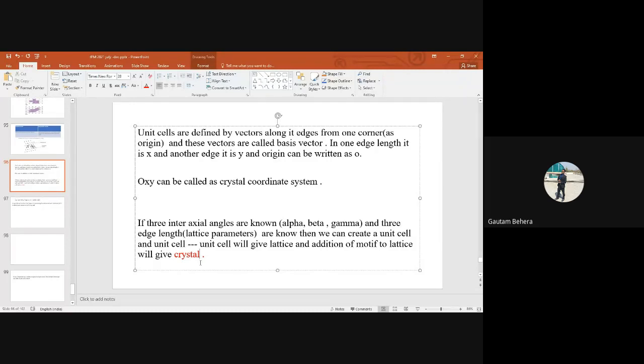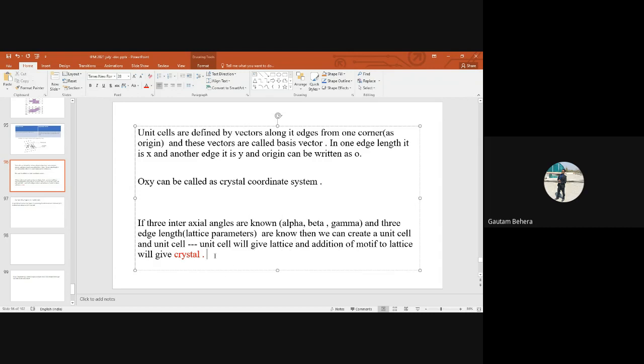Yes or no? But what do you need? A lattice. Is only the lattice enough to generate a crystal? No, sir. You need a motif, which is also called a basis. You need atoms or groups of atoms or ions, so that they sit on the lattice points. Finally, you'll get a crystal.